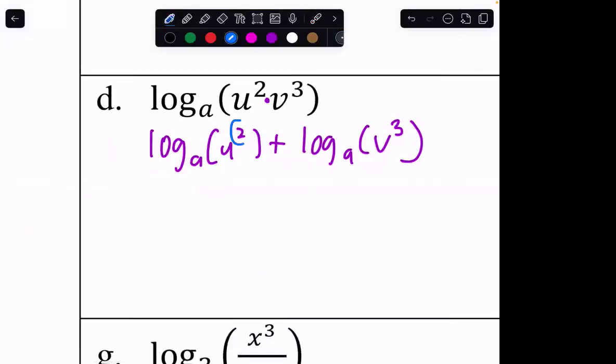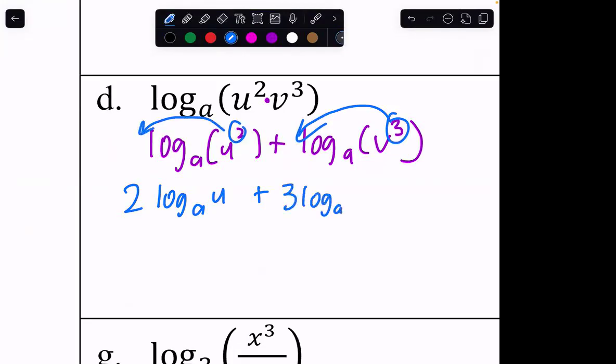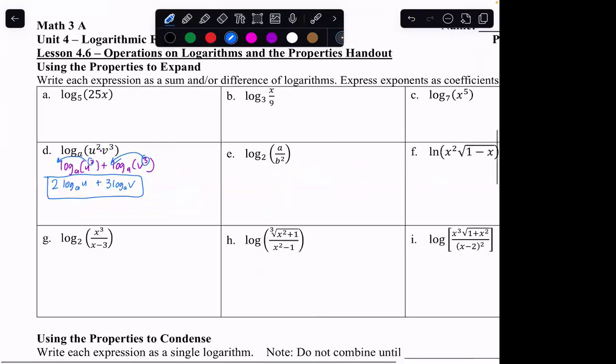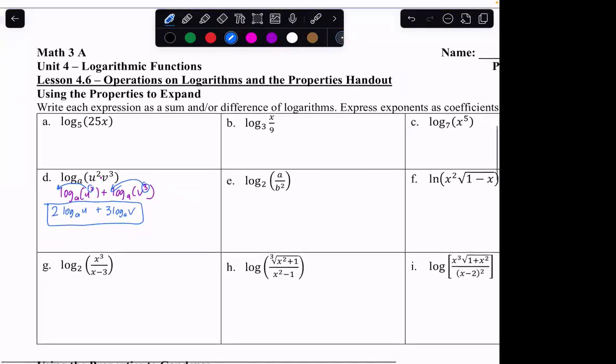So for each one separately, I can move the exponent in front. Okay, so that's the idea.